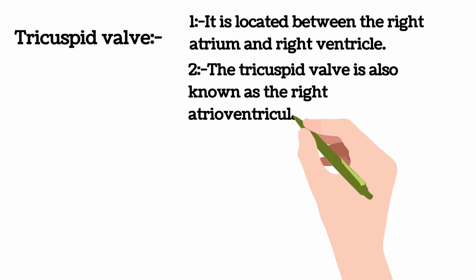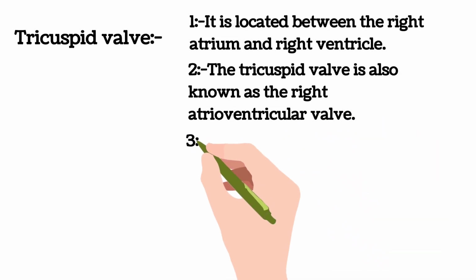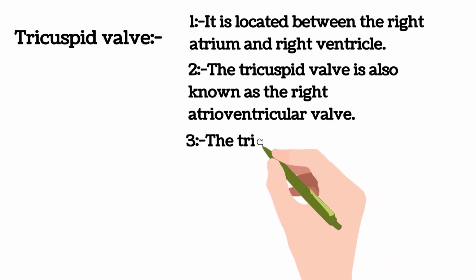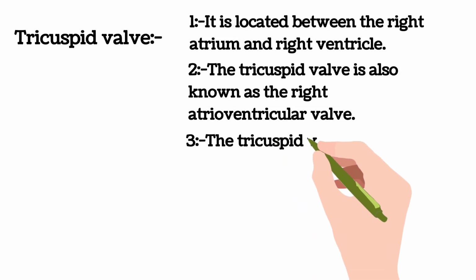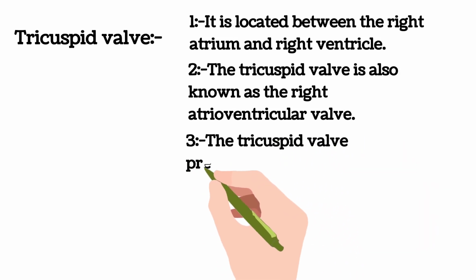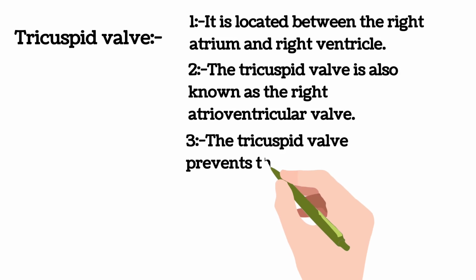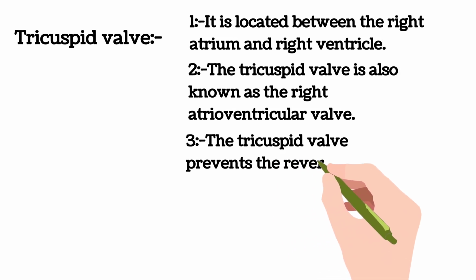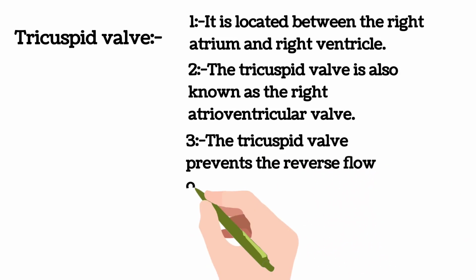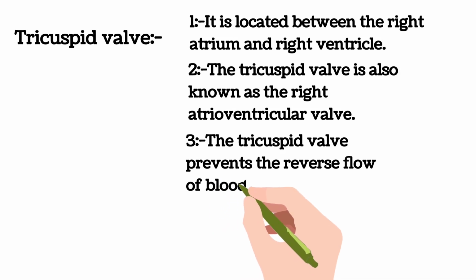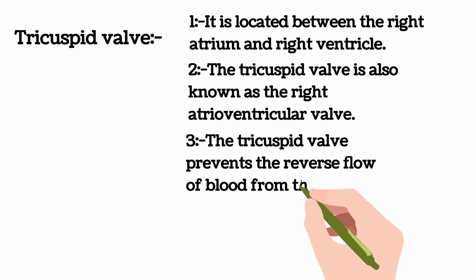The function of the tricuspid valve is the same as that of the bicuspid valve. The tricuspid valve prevents the reverse flow of blood from the right ventricle to the right atrium.